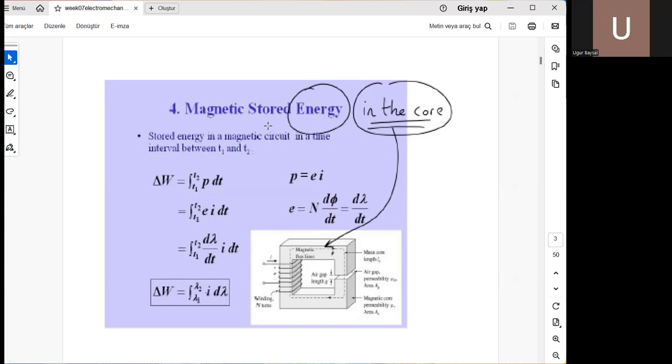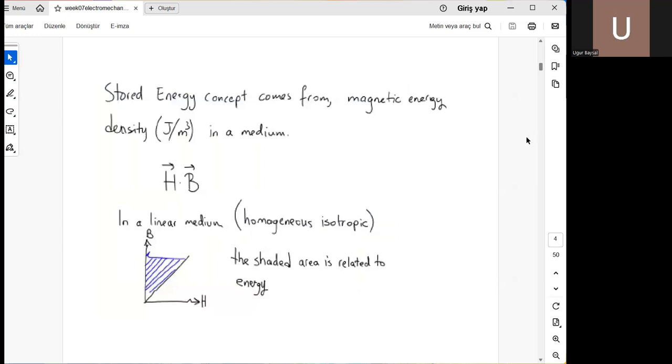So the integral becomes, in the enclosed rectangular box, delta W equals the integral from lambda 1 to lambda 2 of i d lambda. So that's generally the integral.